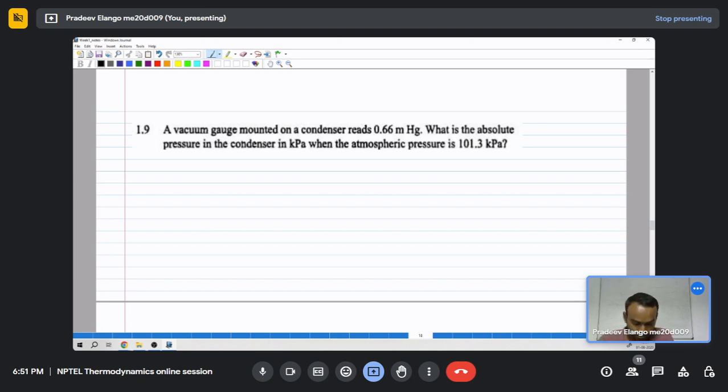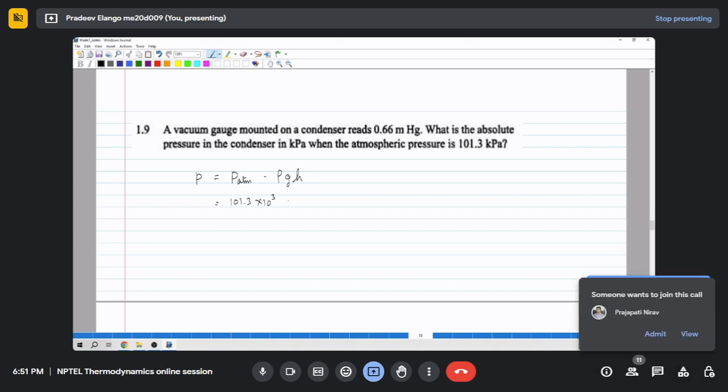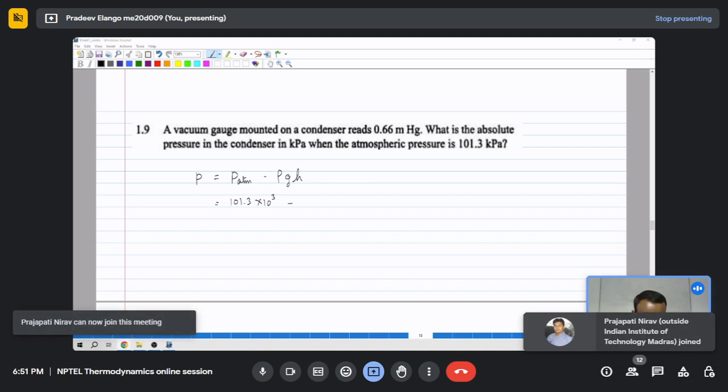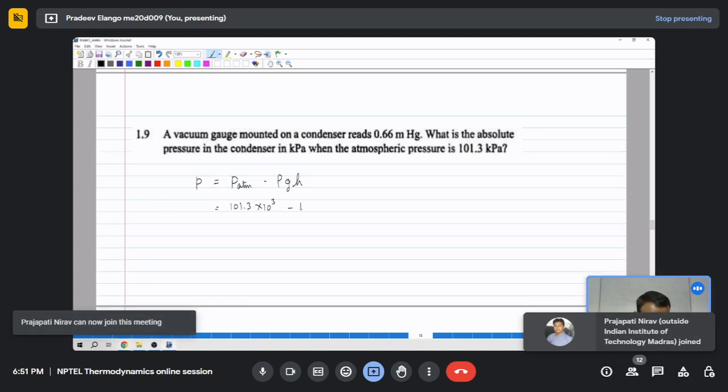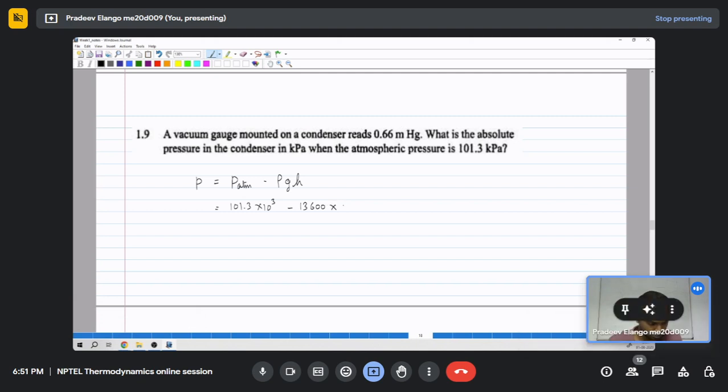So this is P equal to P atmosphere minus rho G H. The atmosphere is 101.3 times 10 power 3 pascals minus rho of mercury, 13,600, into G, which is not given, so we can take 9.81, into height of the column, 0.66.